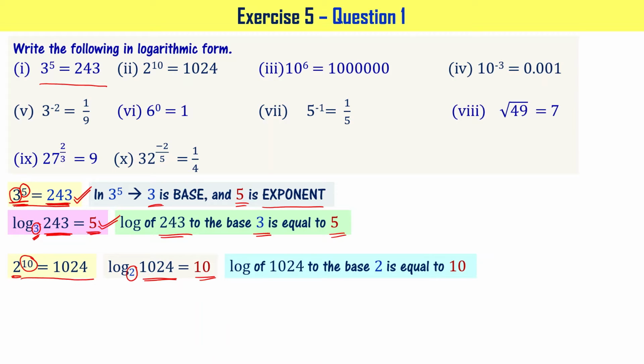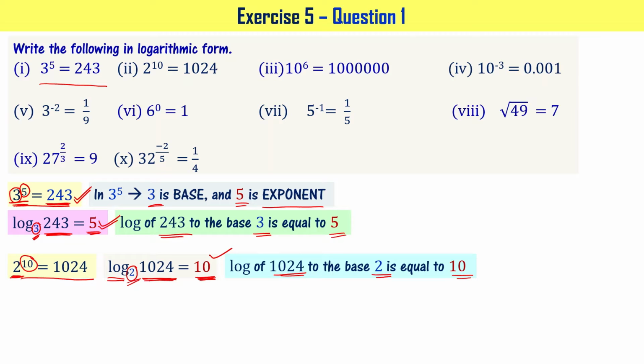Look at this. 2 is here and 2 becomes the base of the logarithm, and 1024 is what we are applying a logarithm of base 2 on. That gives you the answer as 10, right? Log of 1024 to the base 2 equal to 10. This is how we read this particular equation.